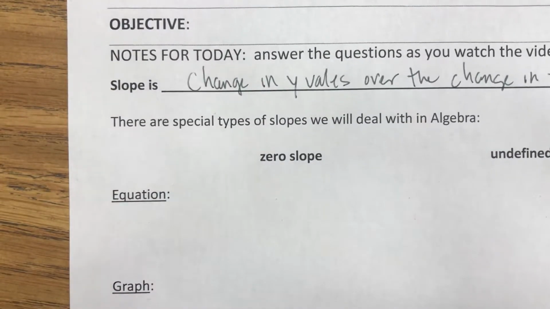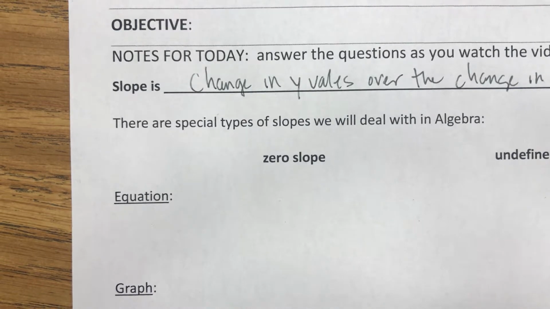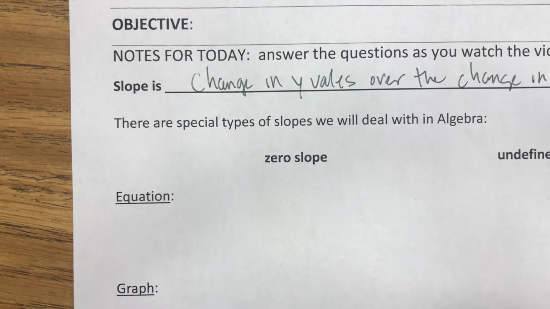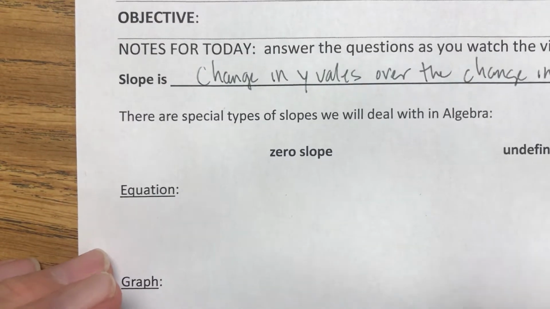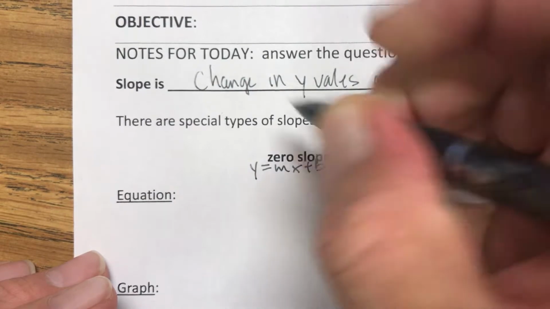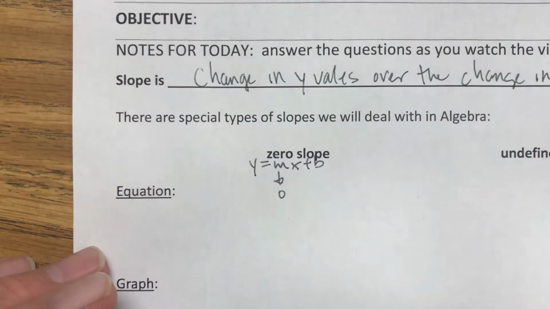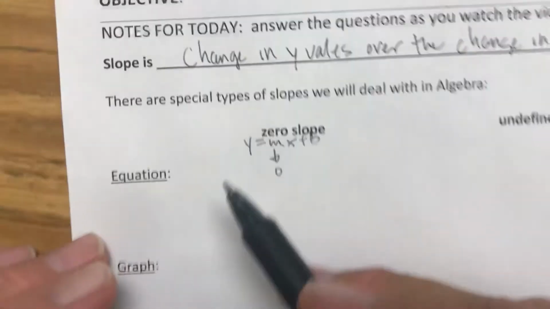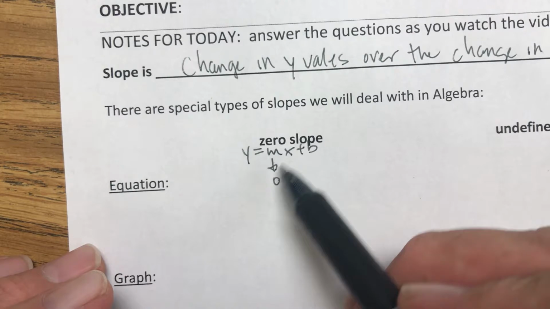So anytime you have a zero slope, that means that the line is going to be horizontal, all right? It's where the number in front of x in y equals mx plus b would be 0. So if we had y equals mx plus b, this m number would be a 0. That's why it's a zero slope. So because of the zero slope, we're going to multiply 0 times x and get 0.